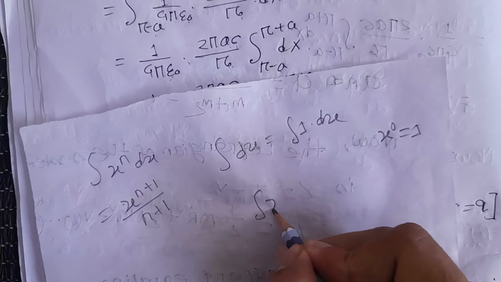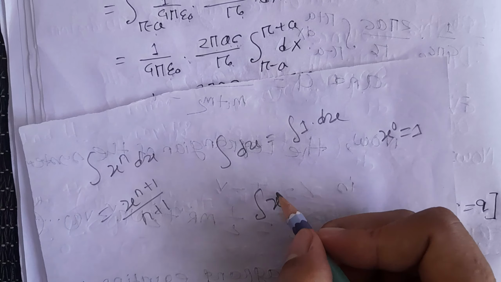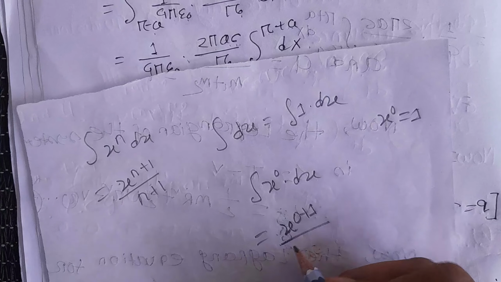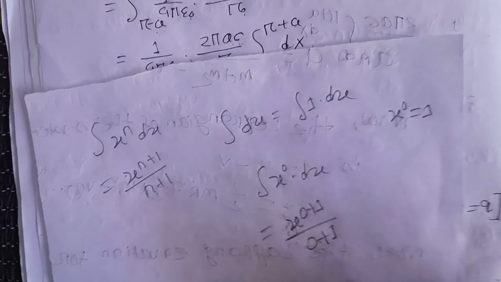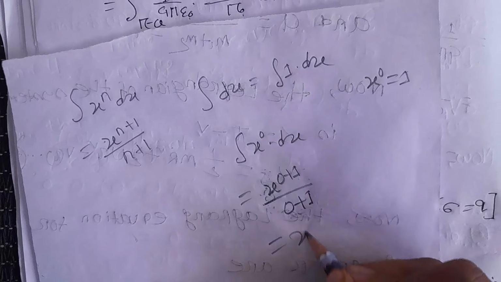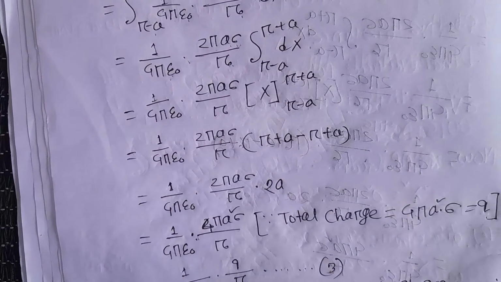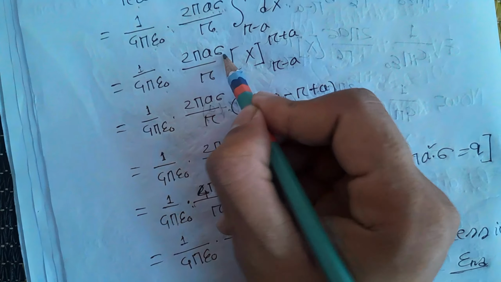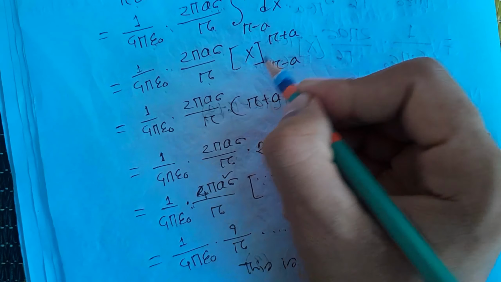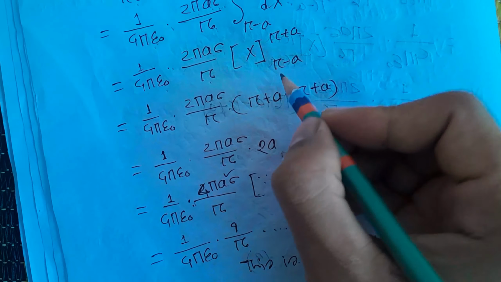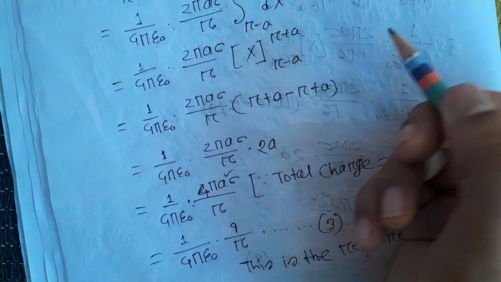Then integration of x to the power 0 into dx equal x to the power 0 plus 1 by 0 plus 1 equal x. Then 1 by 4 pi epsilon naught into 2 pi a sigma by r into x, upper limit r plus a, lower limit r minus a.